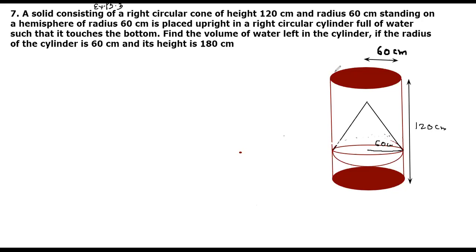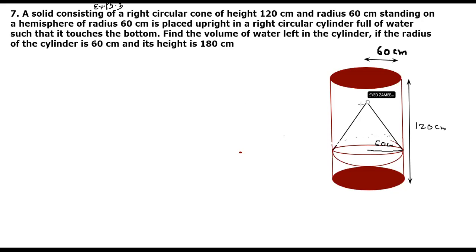Find the volume of water left in the cylinder if the radius of the cylinder and its height is 180 centimeters. So 120, 60, 60 both same. A solid consists of a right circular cone of height, so the height of the cone is also given to us, 120 centimeters.